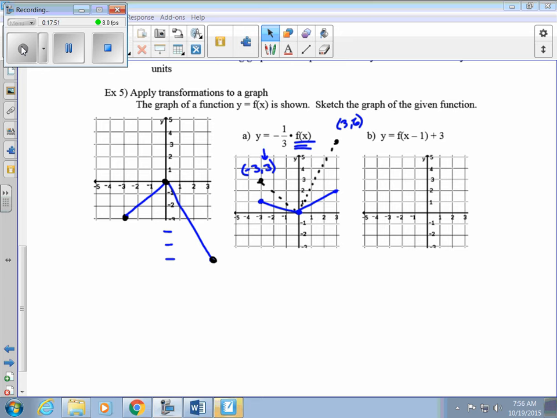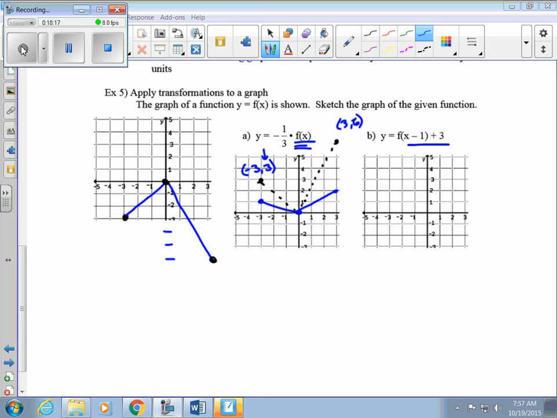So now we're going to do the same thing with the other one. And again, this tells us it's going to be a shift because it moves right 1 unit and up 3 units. So we're going to take this graph and move it right 1 and up 3. So right 1 and up 1, 2, 3.